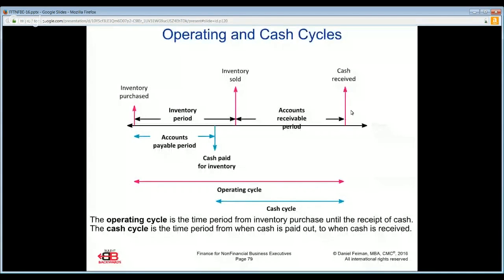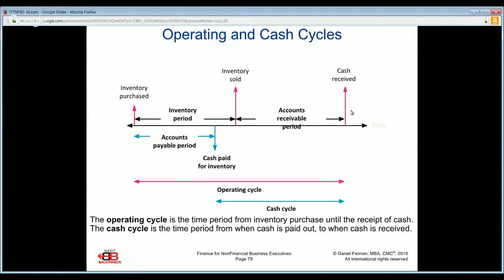So if we take these ratios to tell us something truly important and look at them a little bit differently, we mentioned previously the operating cycle and the cash cycle. The operating cycle measures for us in days the period between when we buy inventory and when we sell it. That's step number one.